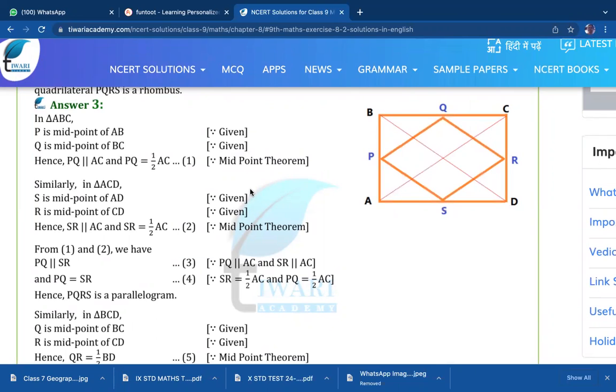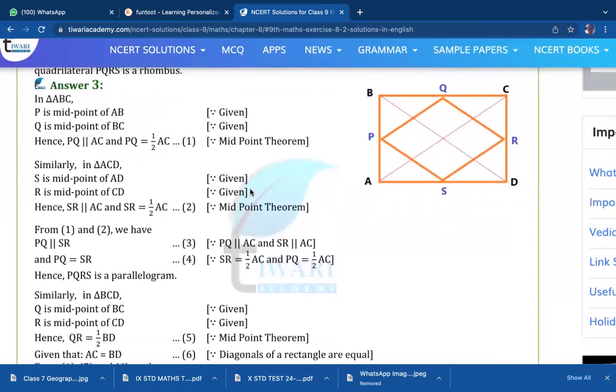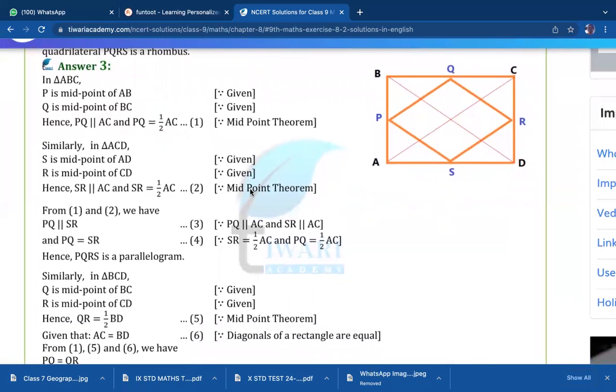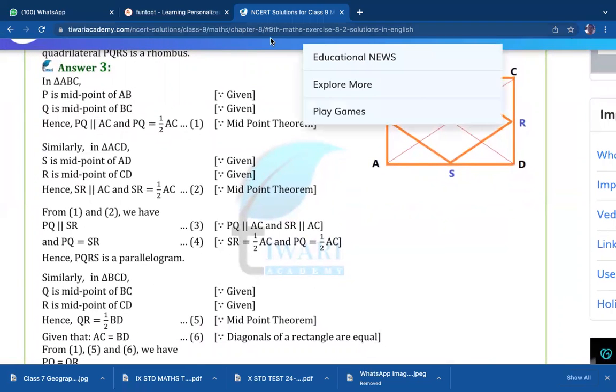Now we need to prove that it is a rhombus. So when will a parallelogram become a rhombus? When the adjacent sides are equal in a parallelogram, automatically that parallelogram becomes a rhombus.